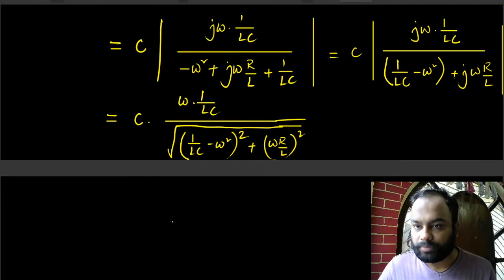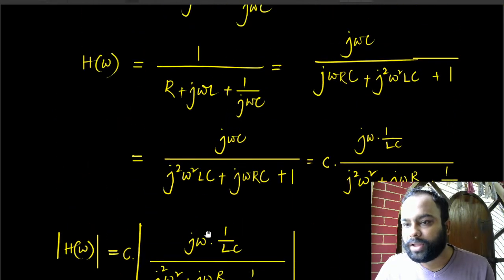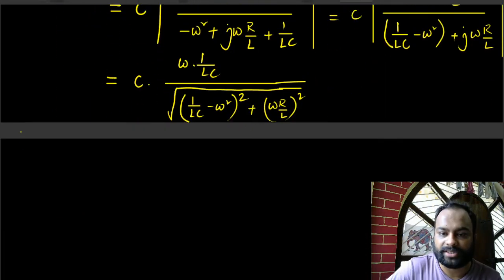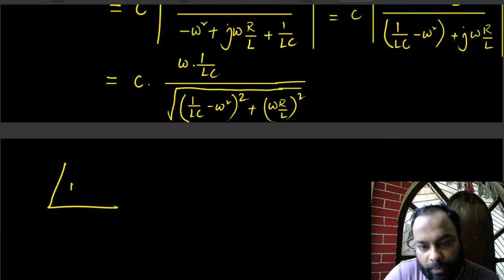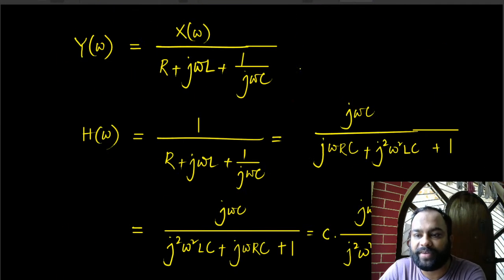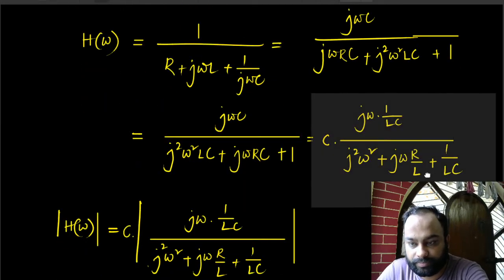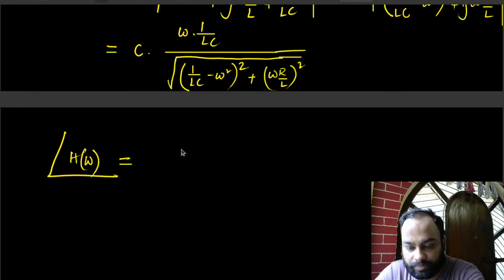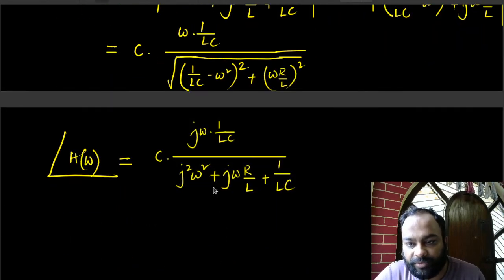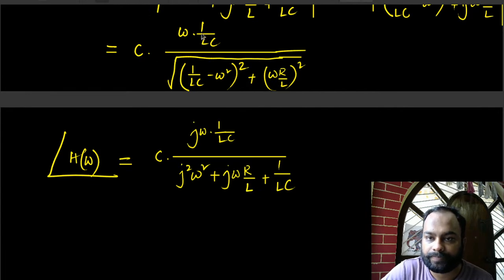All right, and what about the phase response? That's the amplitude response. What about the phase response? The phase response would be the phase of this entire thing, right? So let's copy this. The phase response is the phase of this entire thing.